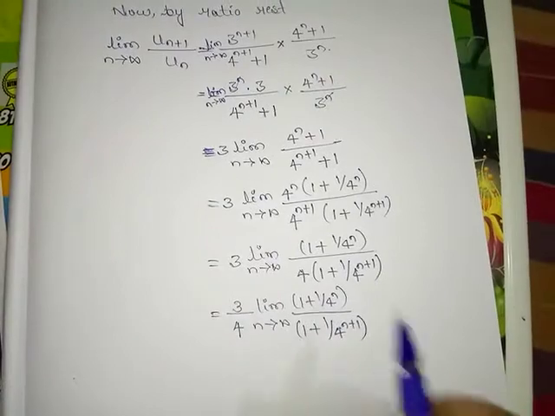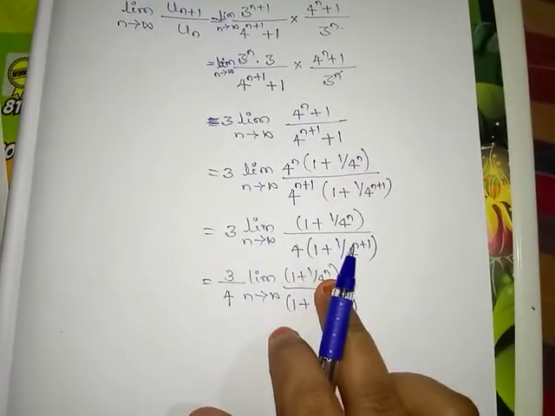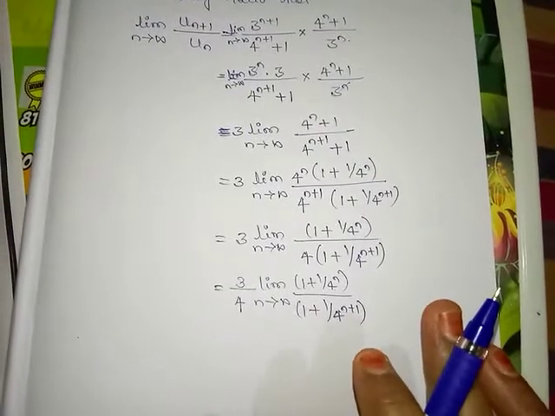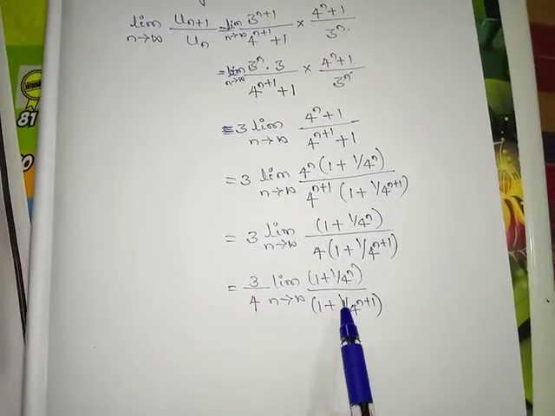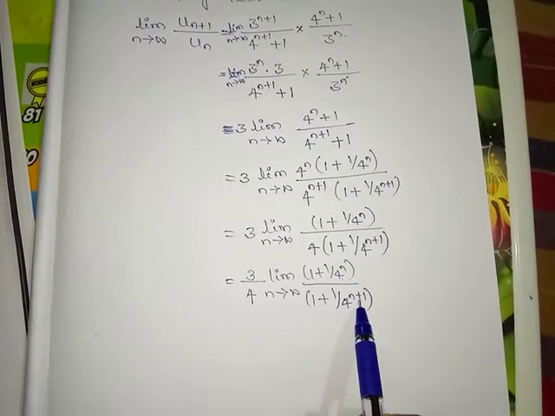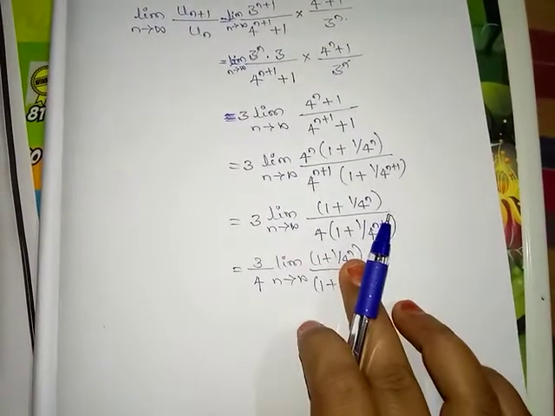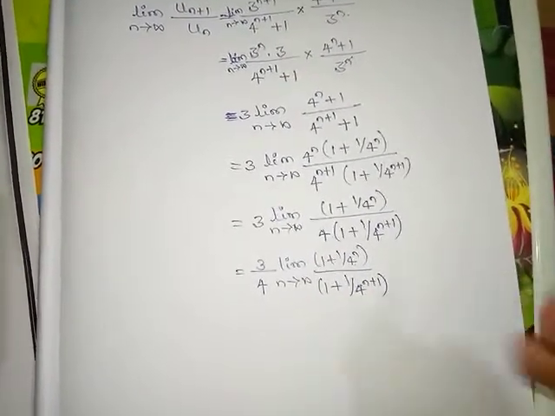Now apply the limits. When we apply 4 raised to infinity, it will be infinity. We know that 1 by infinity is again 0. Then 1 plus 1 divided by 4 raised to n plus 1. Here when we apply infinity, it will be infinity. 1 by infinity is again 0. 1 plus 0 is 1. 1 plus 0 is 1. 1 divided by 1 is 1.